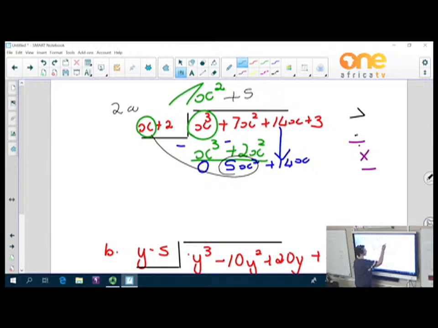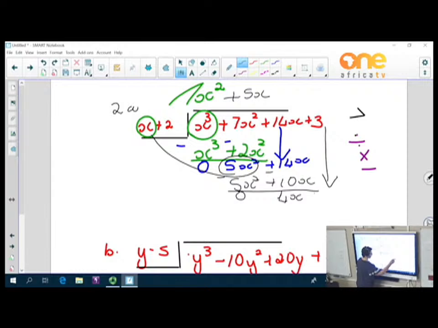Plus 5x times. Multiply, then you have 5x squared plus 10x. And we subtract. So we change the second signs and add. Here it eliminates. Plus 14 minus 10 is 4x. And you bring down that last term, plus 3.